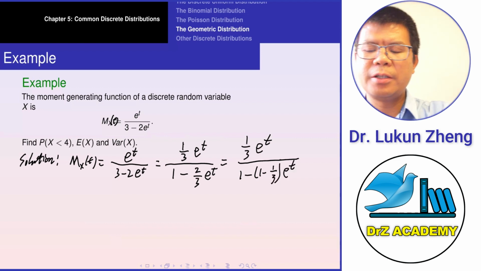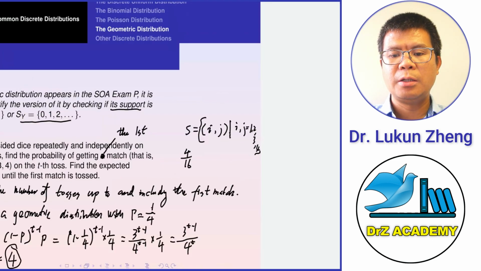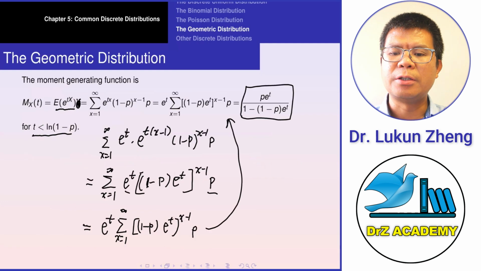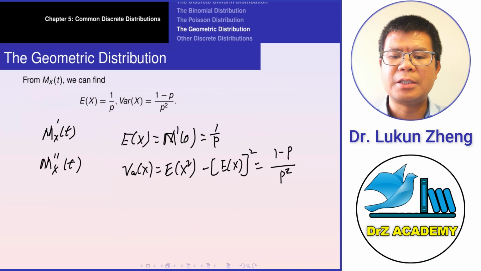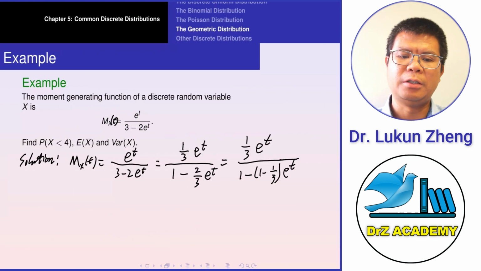Now, if you compare this moment generating function to the moment generating function we have here, p e to the power t over 1 minus (1 minus p) e to the power t, this is the geometric distribution with the parameter p, right? So now you can see here is exactly the same form, right? With p is 1/3.